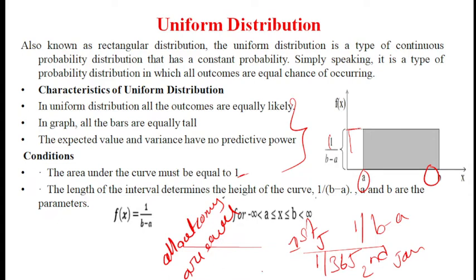As I told you in the birthday example, the probability that 1st January is his or her birthday is 1 by 365, which is the same as the probability for 2nd January, and the same for every day of the year.